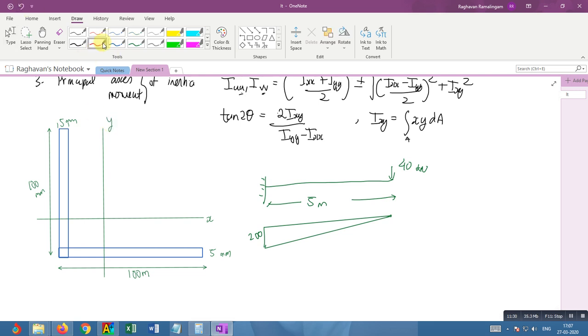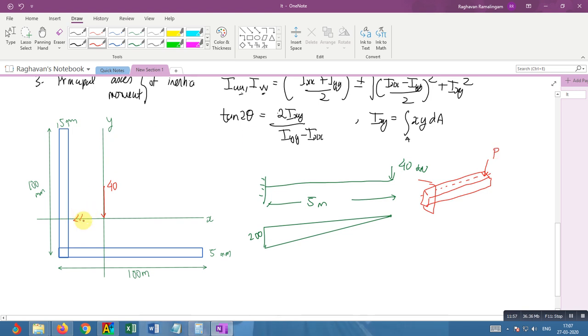I have my load which is acting through the y axis. Basically, if this is the cantilever and this is the centroidal axis, my P is acting right through that.